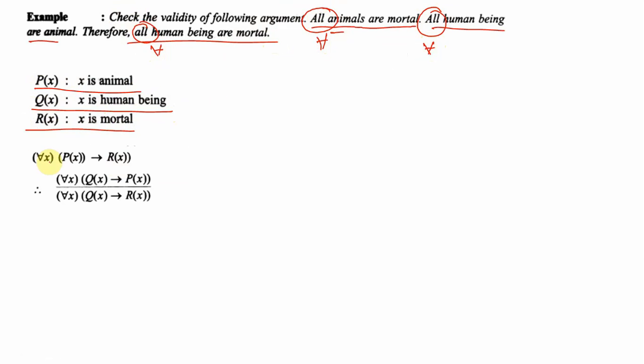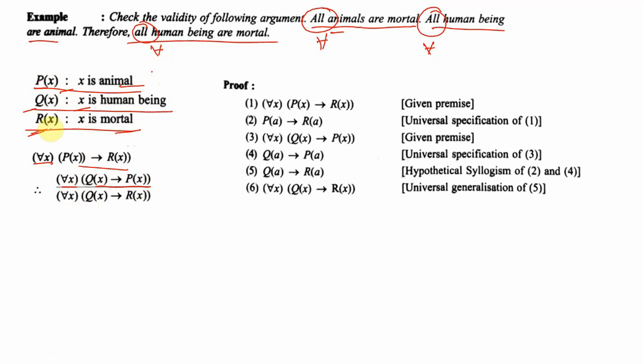So my premises are: for all X, Px implies Rx. For all X, Qx implies Px. All animals are mortal: P implies R. All human beings are animals: Q implies P. And the conclusion is all human beings are mortal: Q implies R. It's a straightforward case.